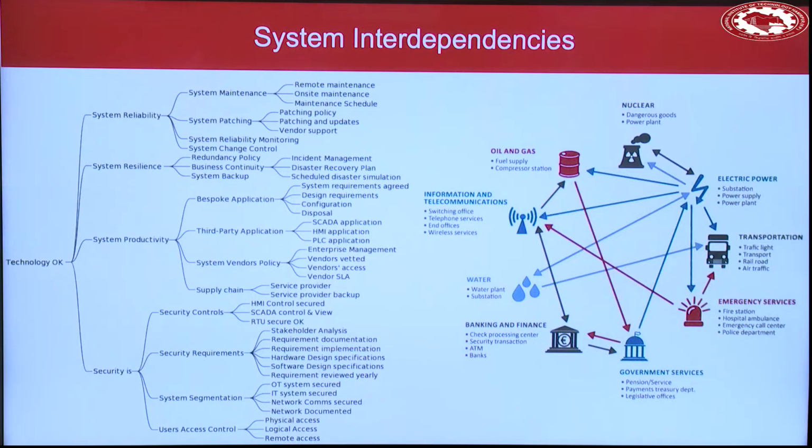In a similar way, supply chain is very critical for these kinds of critical systems. Maybe the power system is relying on a manufacturing plant, or the other way around, maybe they're relying on the transportation sector, and so on and so forth. So impact on one sector might directly or indirectly impact other sectors.